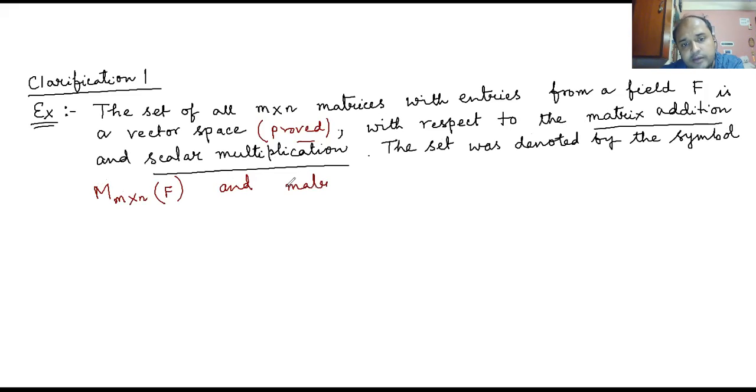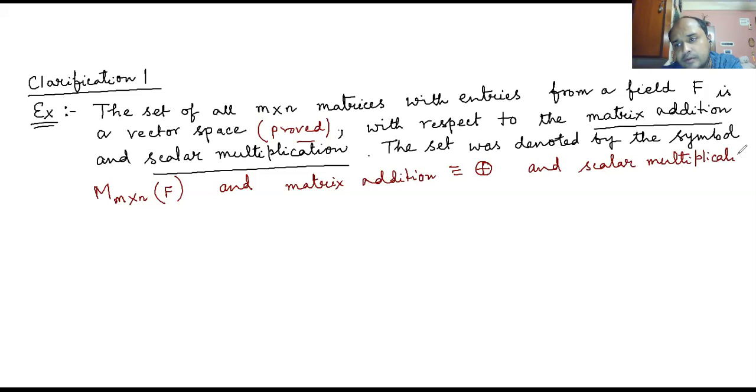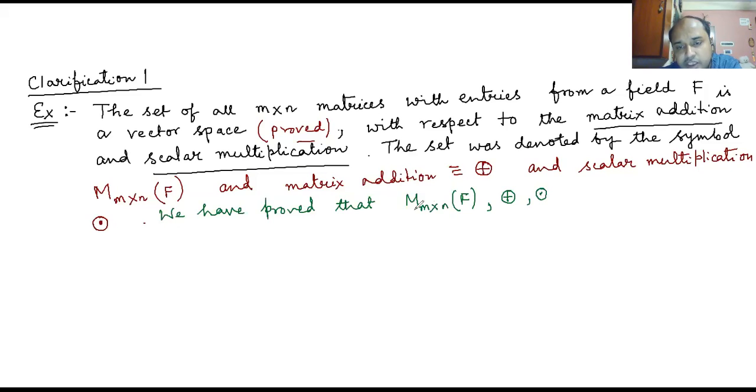If the matrix addition is denoted by the notation plus, and scalar multiplication is denoted by dot, then we have proved that the structure M m cross n F, comma, matrix addition plus, and scalar multiplication dot, this structure is a vector space.